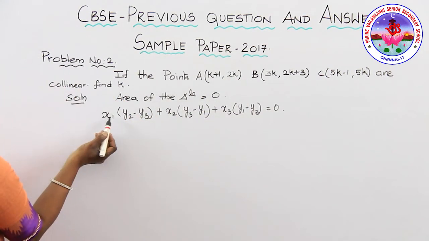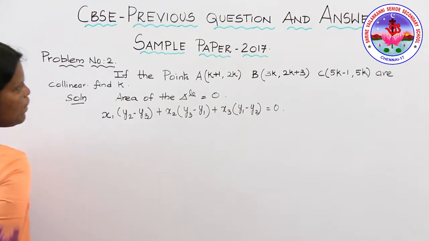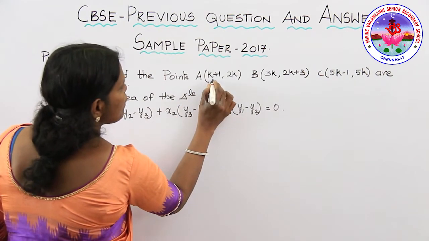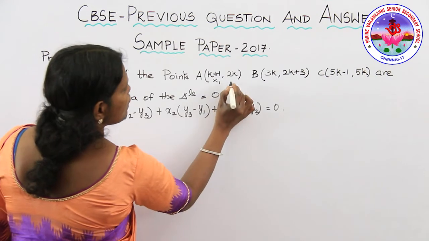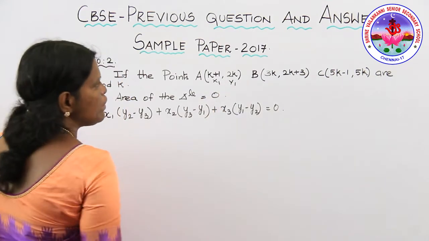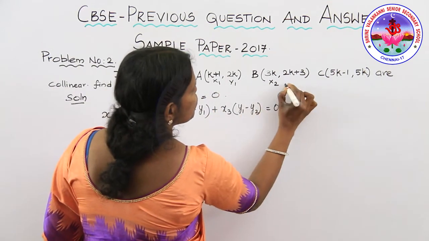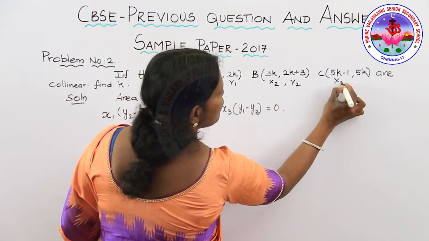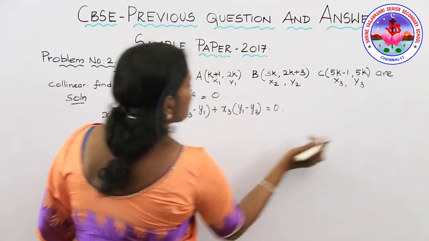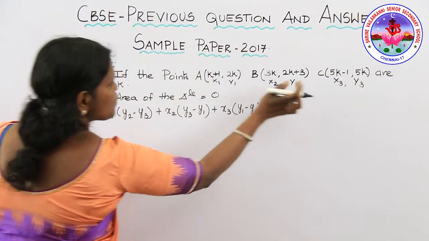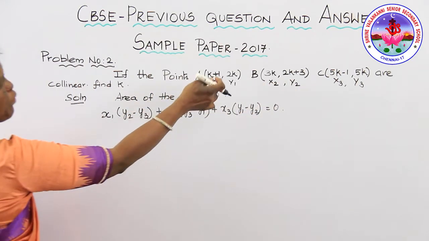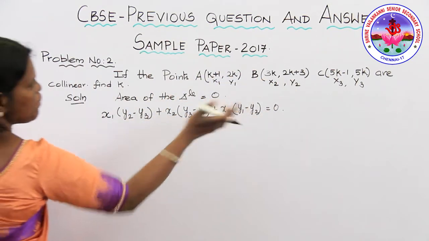So he is talking about x1, x2, x3. I am calling the A point x coordinate as x1 and y coordinate as y1, and B point x2, y2, and C point x3, y3. I am going to substitute all these x coordinates and y coordinates of A, B, C in my formula.